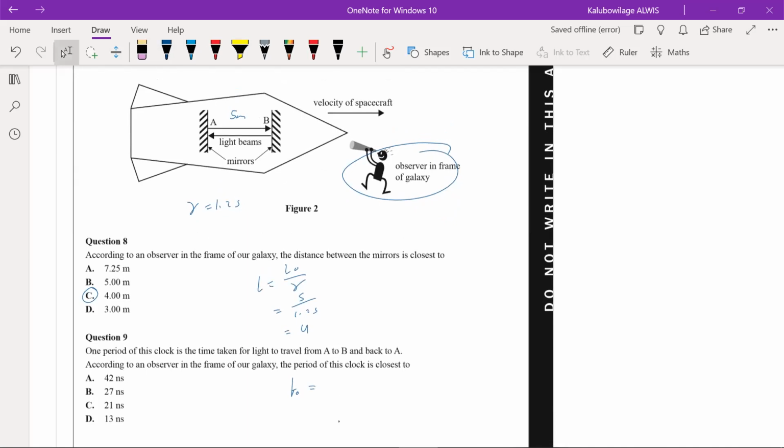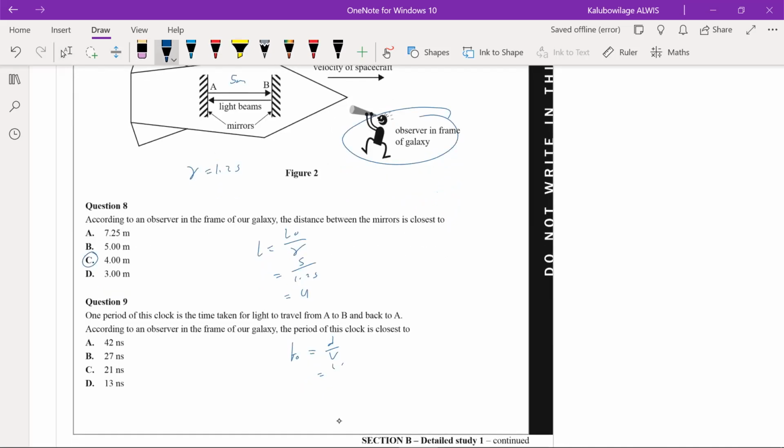So 10 times c, 10 divided by c, minus 9.